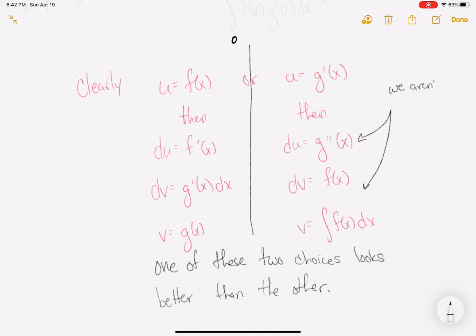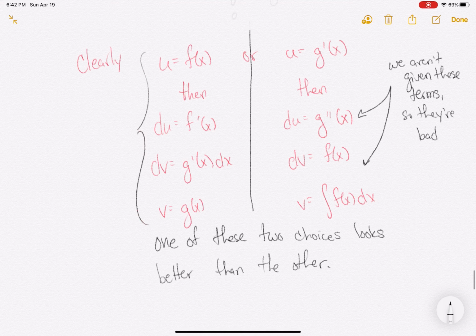We aren't given these terms, so they're bad. Likewise, though, we're given all of these.